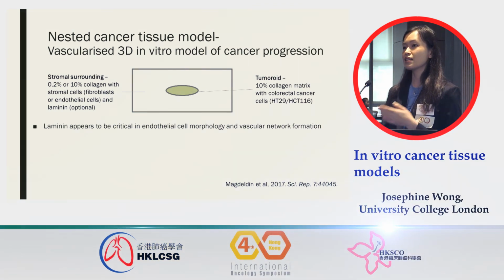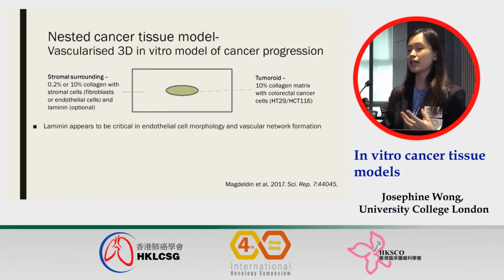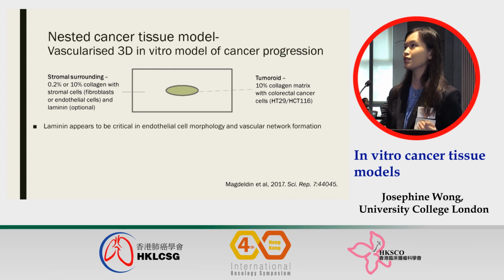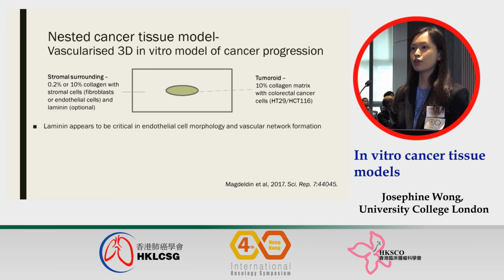However, when you look at the different cell types, the HCT116 cells tend to migrate out not as clusters, but as cell sheets. And so you could model the cell behavior and study how they differ. Also, in this model, they've added laminin to see how that will affect the cell migration behavior.